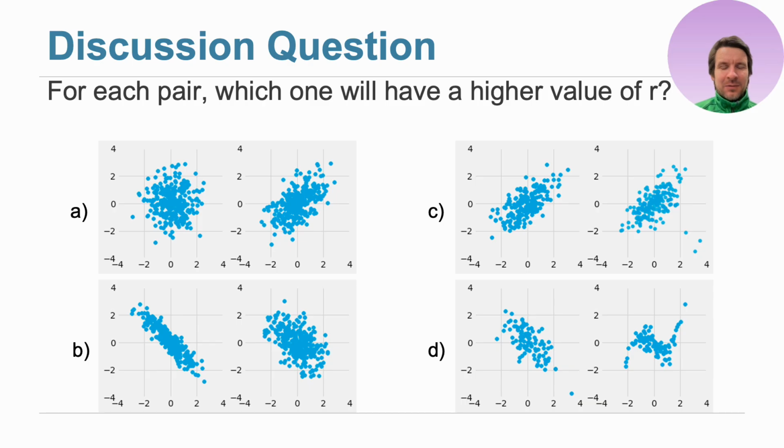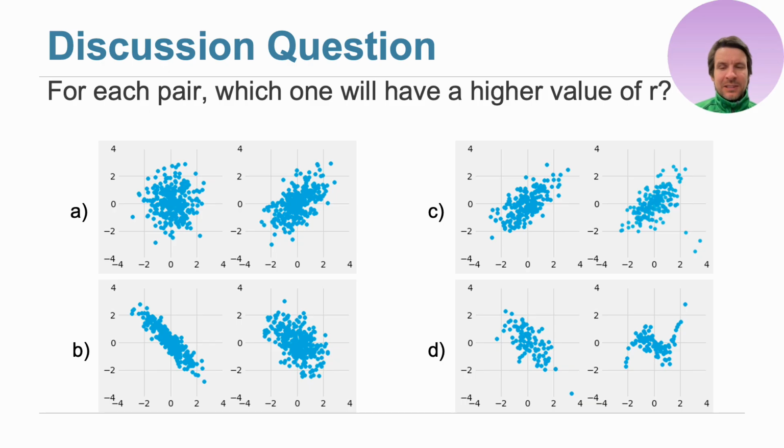The right one looks much more like a line, and it's in a positive direction, so it will be a positive number. In B, the line goes down, and the points on the left resemble a line much more than the points on the right. So the points on the left will have a number that is much closer to -1 than the points on the right.